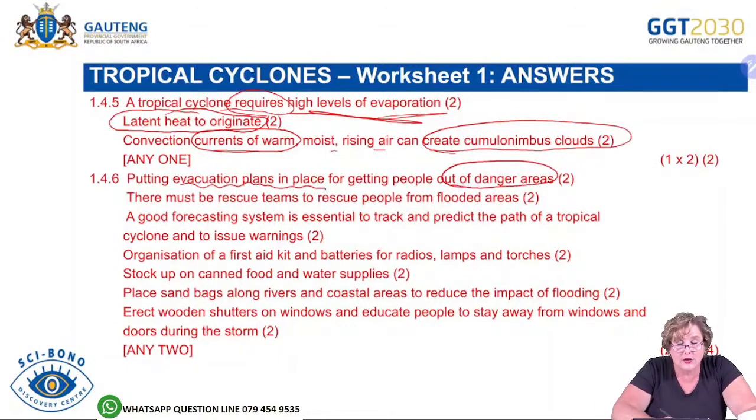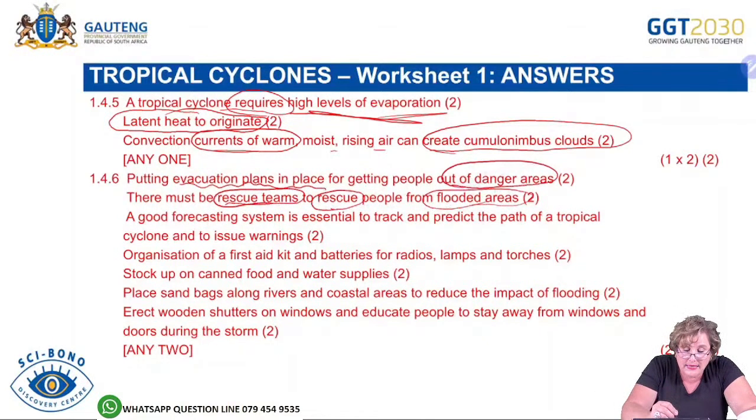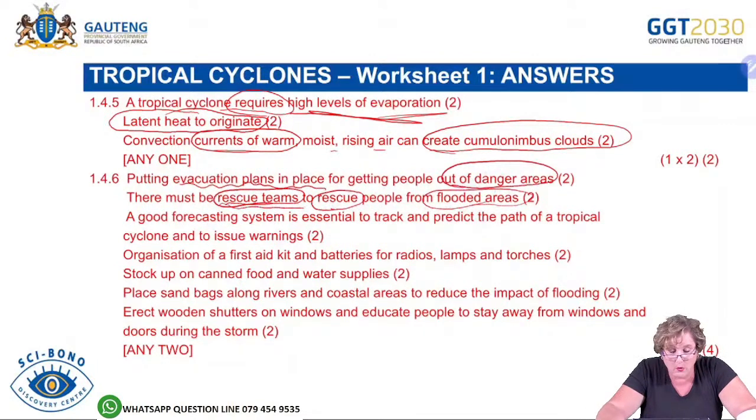Then, as I said earlier, there must be rescue teams that have the know-how to rescue people in flooded areas. For example, we can have helicopters that pick up people in the flooded areas. But you must have a rescue team, and that rescue team must know exactly what to do.